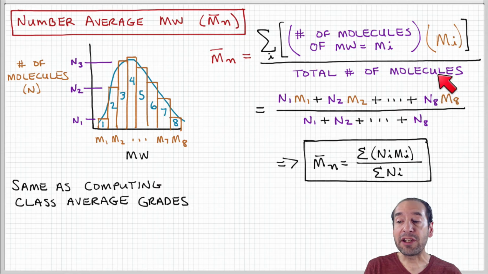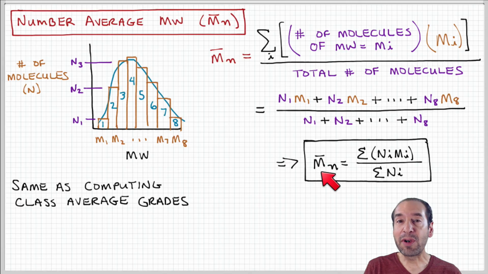Then in the denominator, I have the total number of molecules. So I'm going to add up the heights of all of these bars, N1 plus N2 plus N3, all the way up to N8. That gives me the total number of molecules in my sample. Then I can rewrite this into a more mathematical form as shown below.